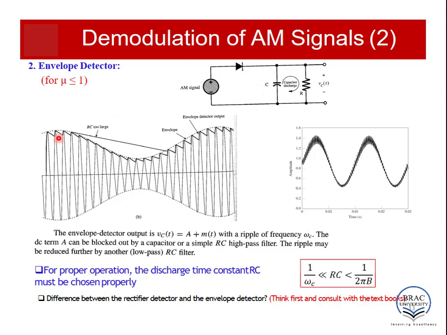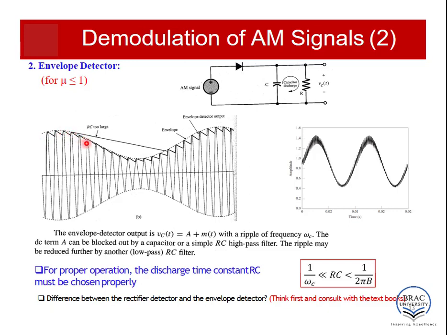At some point, the input passes the decaying capacitor voltage and the diode again gets forward biased and charges the capacitor to the peak value of the cycle. This goes on, and the final output is nothing but an approximation of the envelope, but with some ripple.